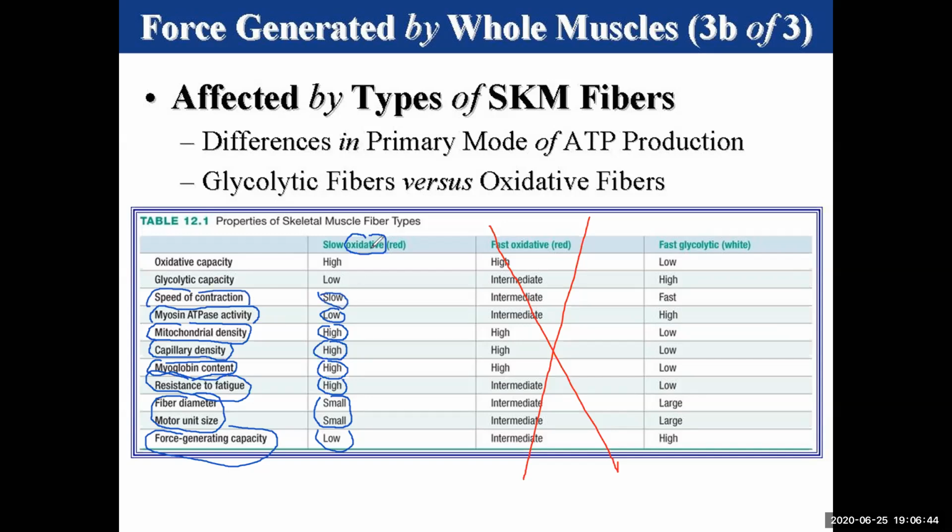And they don't rely on glycolysis, so it's low. And oxidative capacity is extremely high because here it requires oxygen. Okay, so that's how you understand the concept instead of blindly memorizing everything.